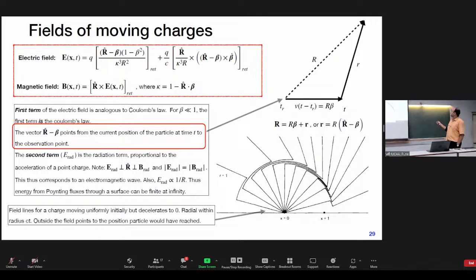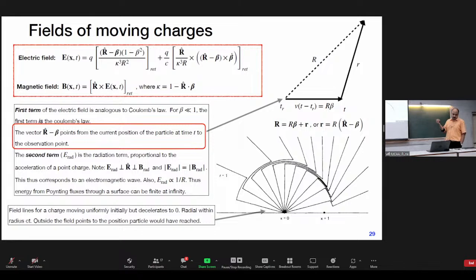So by the time t, when we are observing this charge, the charge will have traveled a distance v(t minus tr) to this location. So this is the concept of retarded times. When we observe or get the information about the changes in the electromagnetic fields at the point of observation, we find what the locations or the positions of the charge were at an earlier time, which we refer to as tr.